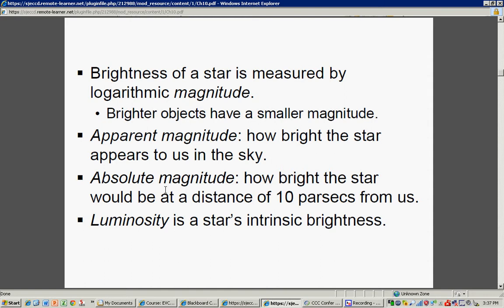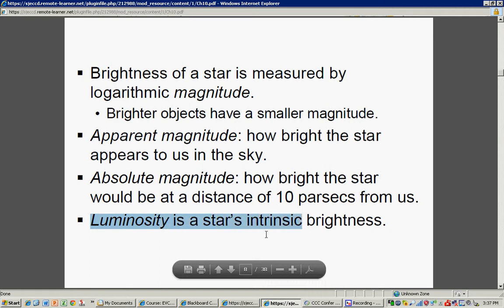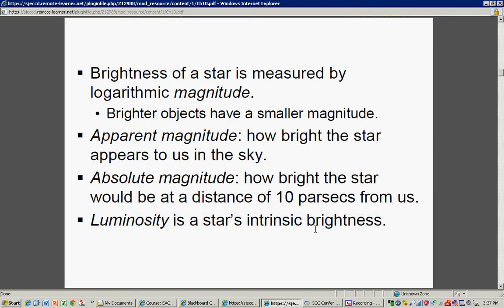That is the absolute magnitude, and it is another way of assessing energy production in that star or object. The last one I would like to mention is luminosity. This is the intrinsic brightness, the energy the object itself is sending out in space.